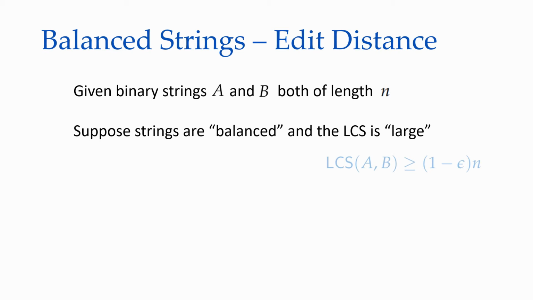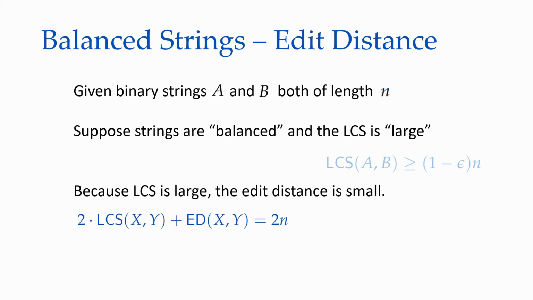Then, in this setting, because of our earlier connection between the LCS and edit distance, the edit distance must be quite small. From this equation and our assumption on the LCS, we get that the edit distance is a very small fraction of the maximum possible length. If the edit distance is small enough, then a constant factor approximation to the edit distance will also be very small.